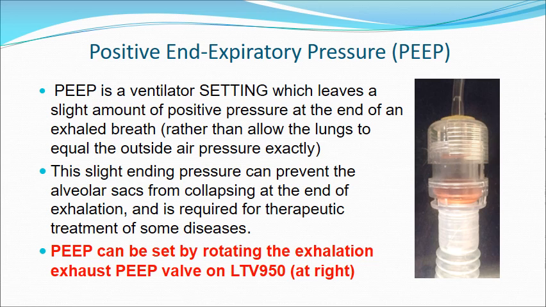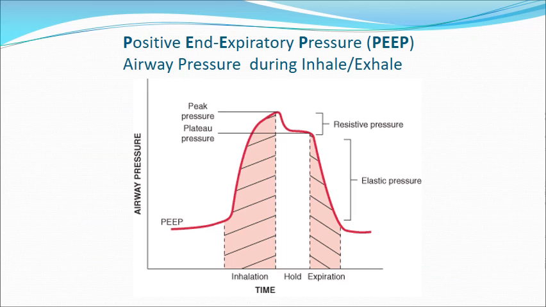So PEEP is basically a CPAP function. So while CPAP cannot perform a ventilator function, ventilators can perform a CPAP function. Here's a waveform demonstrating PEEP. If there were not PEEP, the waveform would be coming all the way down to the x-axis, down to basically zero pressure.